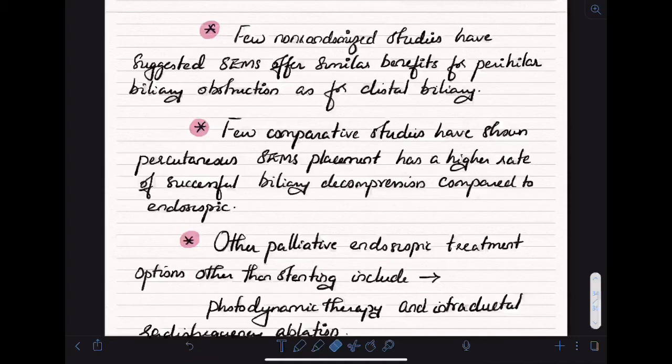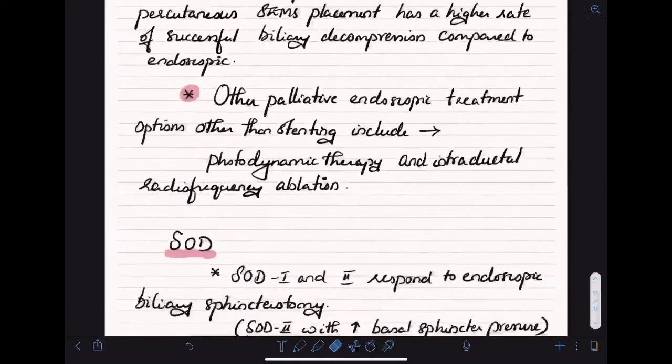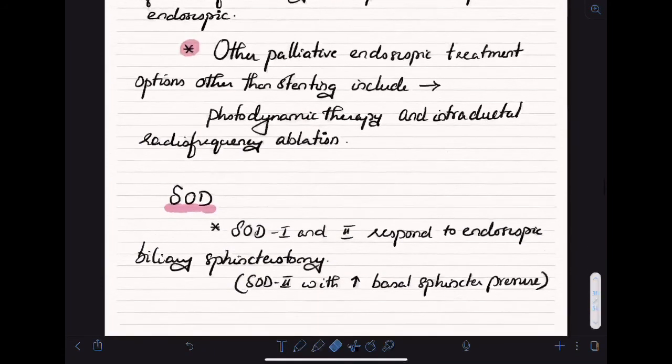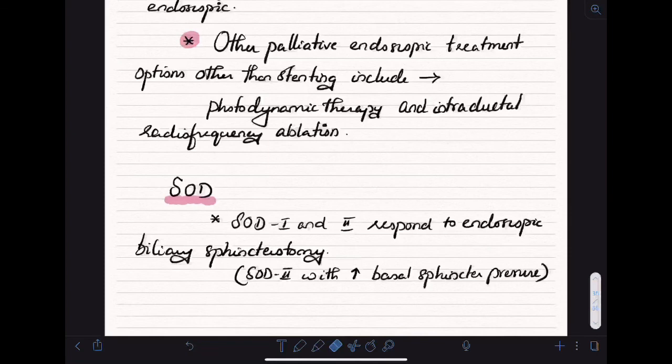A few comparative studies have shown percutaneous SEMS placement has a higher rate of successful biliary decompression compared to endoscopic. Other palliative endoscopic treatment options besides stenting include photodynamic therapy and intraductal radiofrequency ablation.